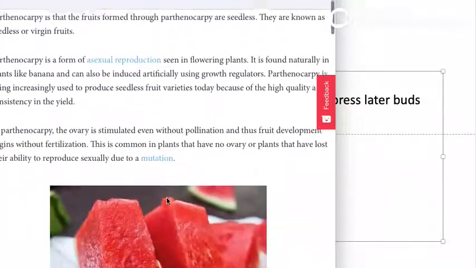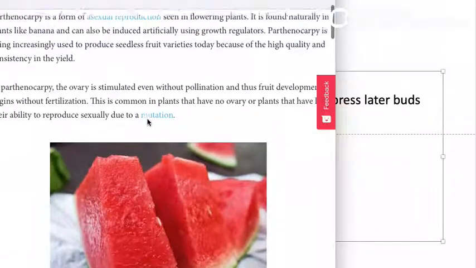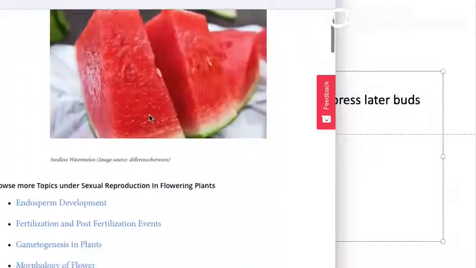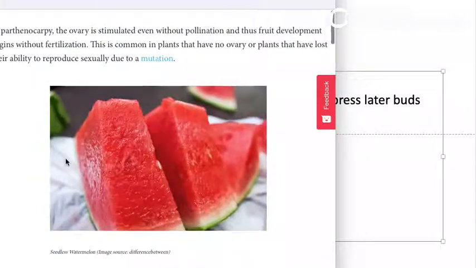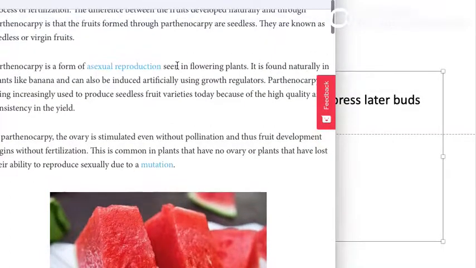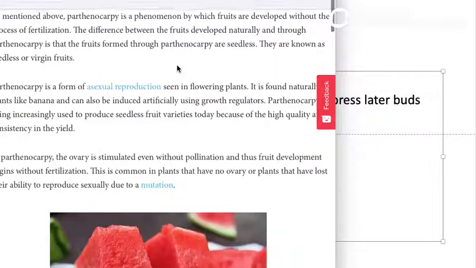So that's why you will see that these plants, which have parthenocarpic fruits, do not have seeds, because the ovary is stimulated to produce the fruit even when there is no fertilization involved.